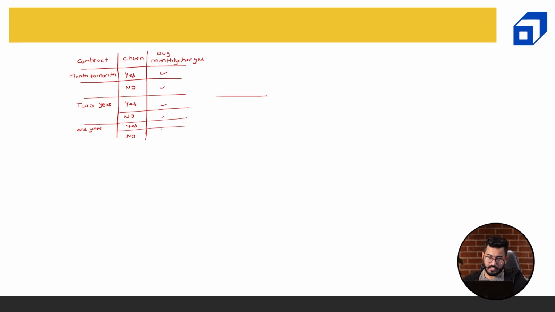But I want to transform this now into a matrix which looks like this. So on the row, I'm having yes and no, and on the column, I'm having month to month, 2 year, and finally 1 year.